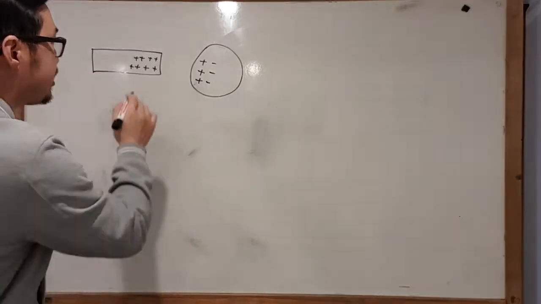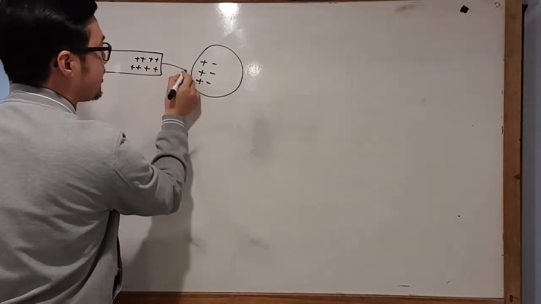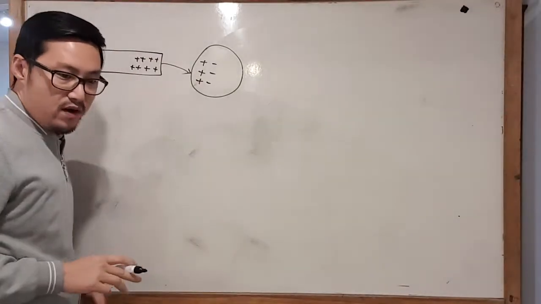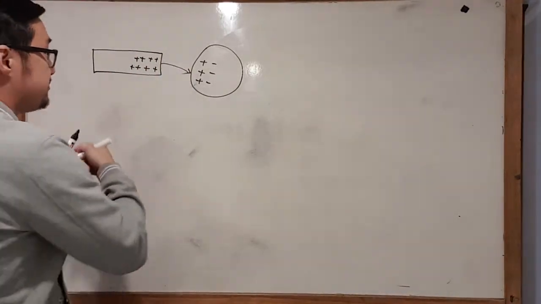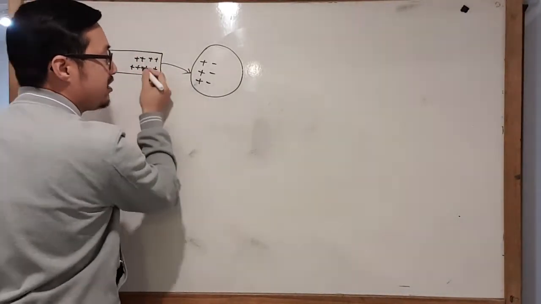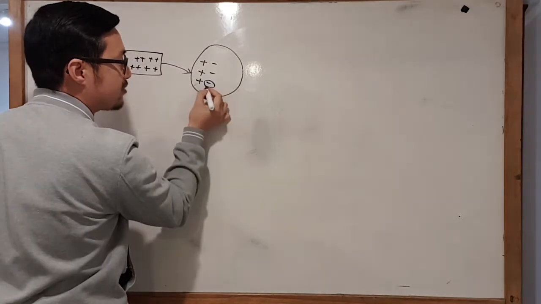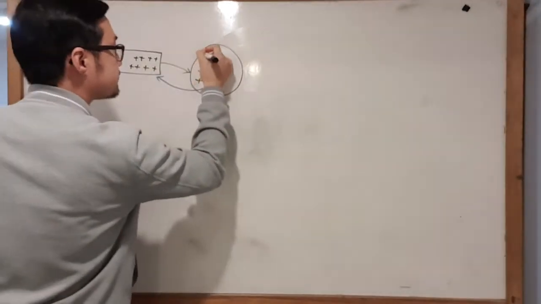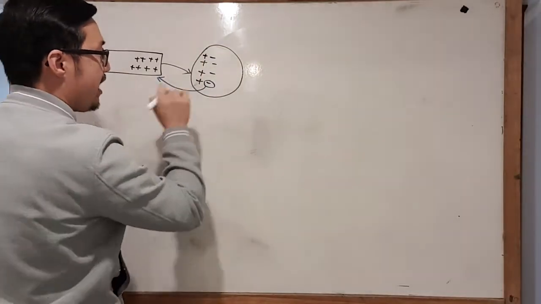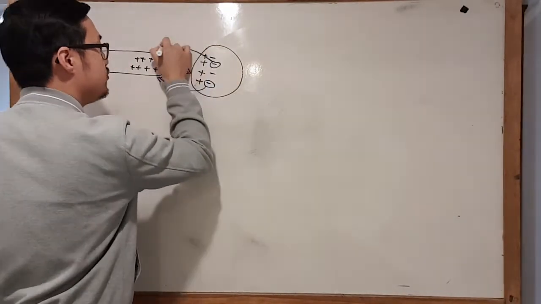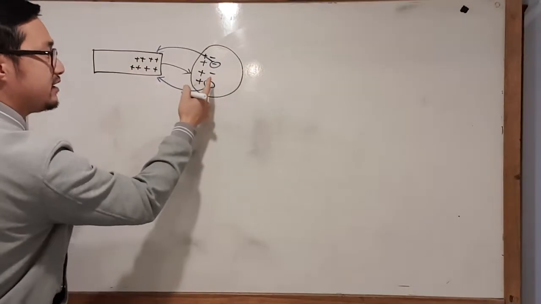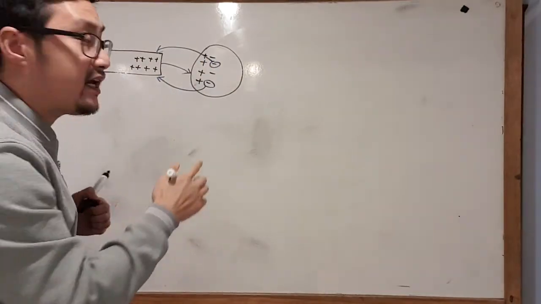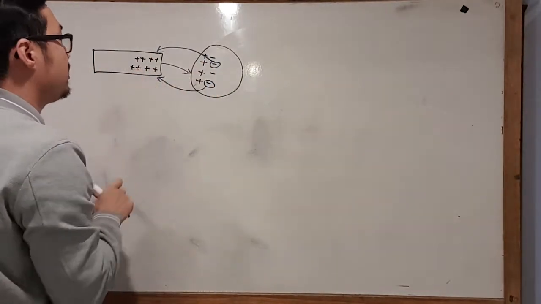If they touch each other, because this is positive charge, it will attract these electrons to move over here. I'll draw an extra one. Let's say not all electrons are going to move. Let's say 2 electrons move to this positive charge.